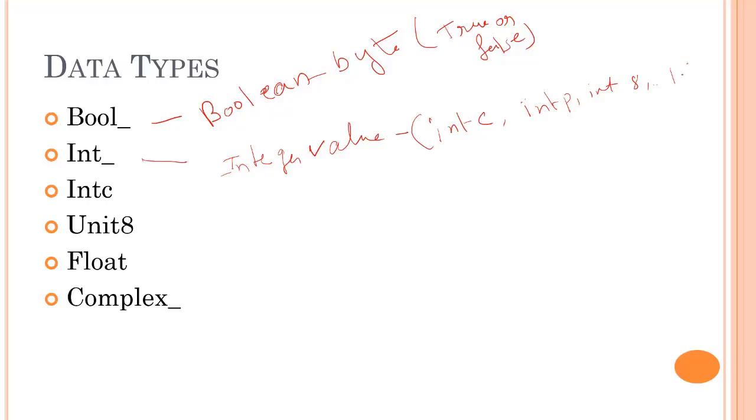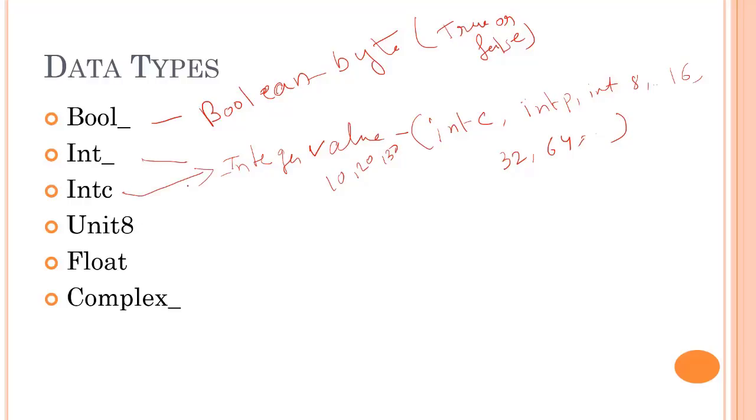Then it continues with 16, like bytes or bits values. So start with int8, int16, then you have int32, int64. So this is what our integer data types are used for. Whatever the integer value, if you want to store like 10, 20, 30, at that particular time we use the int data types.